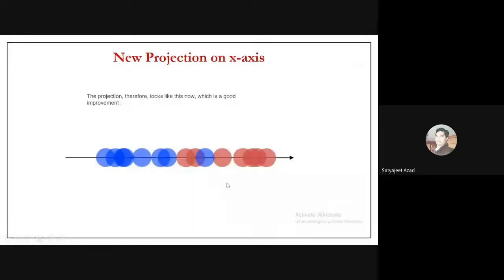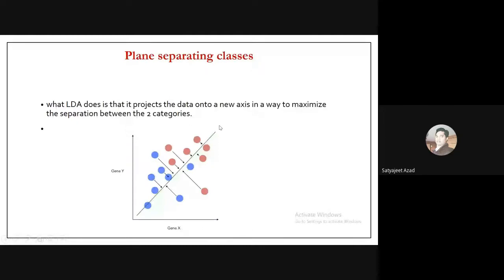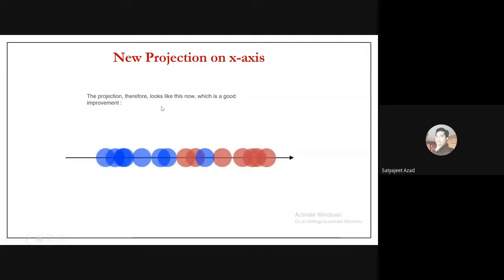Once they have measured the distance based on the line of best fit, they rotate the axis, so that by creating a new axis they are not projecting the entire data points onto the x-axis. LDA creates a new axis so that every data point can be captured on this line. So our entire class is scattered, but you can compress it into this new LDA axis so that we do not lose much of the information.